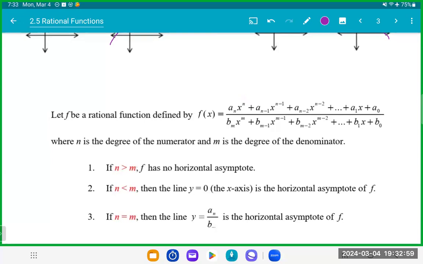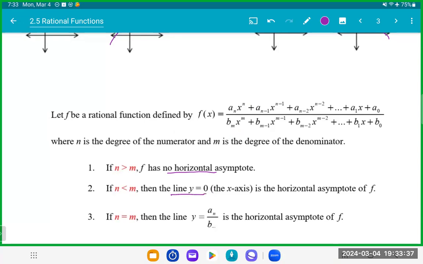So basically, we're just looking at this first term here, and we're saying if our n is greater than m, so if our exponent in our numerator is greater than the exponent in our denominator, then we have no horizontal asymptote. Okay. If our n value is less than our denominator exponent, then the line y equal to 0 is a horizontal asymptote.